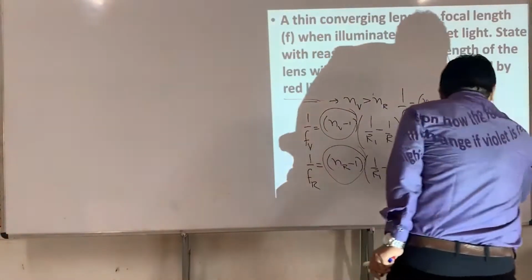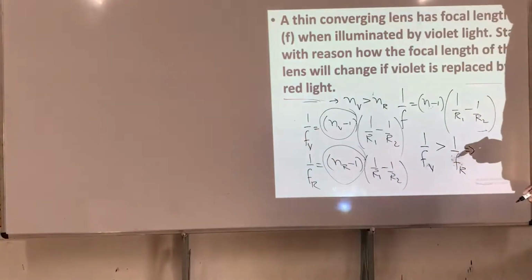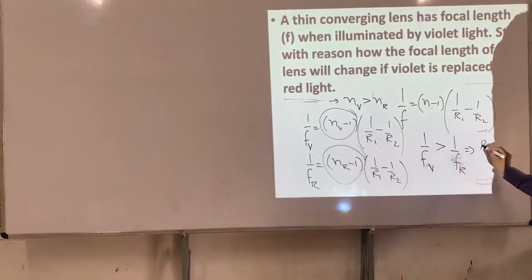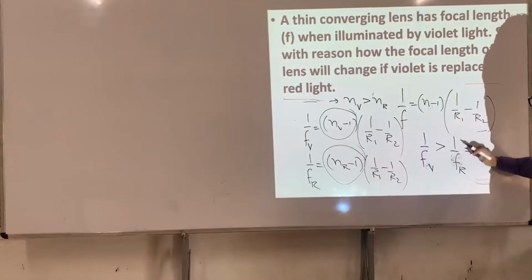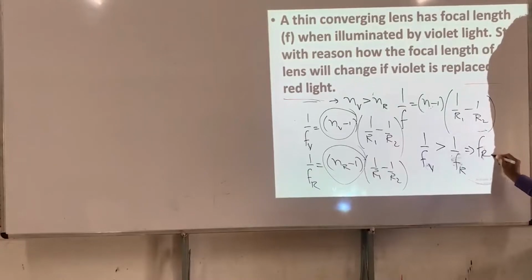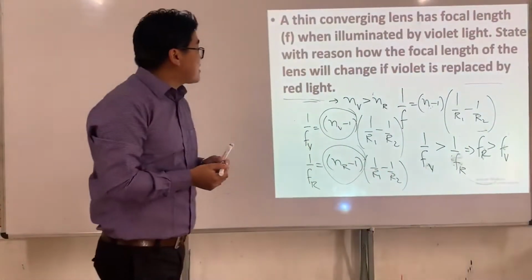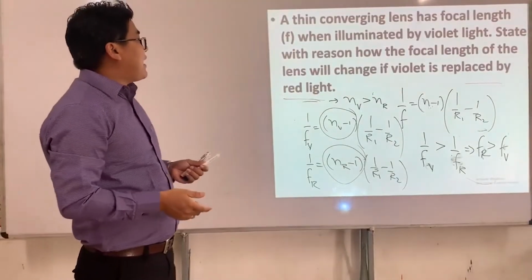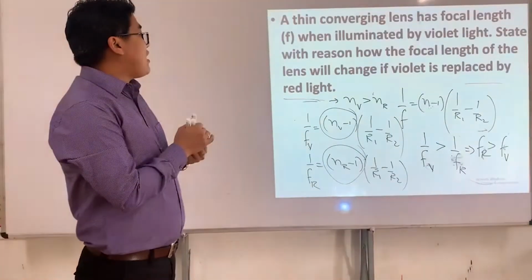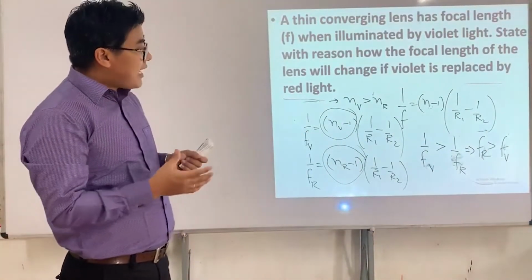So which implies that 1 by FR is more than 1 by FV. Alright. So this is the point, right? We will say that yes, focal length is going to change.